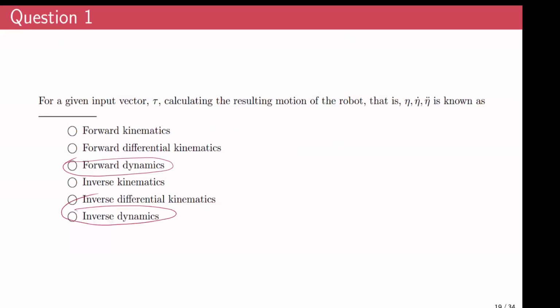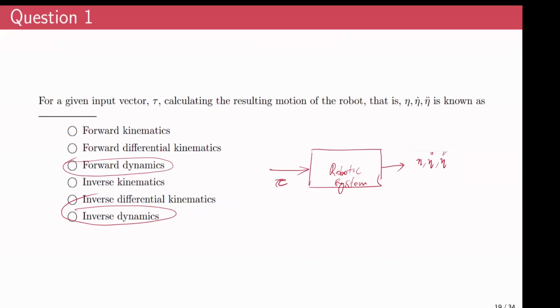So if you have a robotic system, and if you give an input vector tau, you are basically expecting the robot to behave in a particular way, or you are expecting the state of the robot to change, which is characterized by the position, velocity, and acceleration.